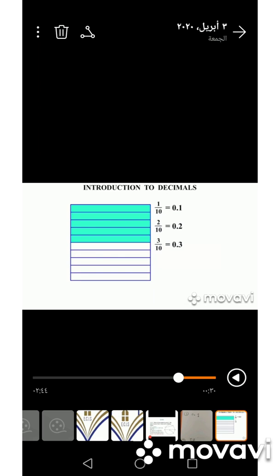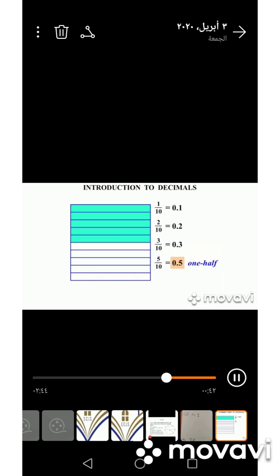If we shaded 5 parts out of 10 parts, then our fraction will be 5/10. And 5/10 as a decimal will be 0.5. Pay attention, 5/10 equals 1/2. So 5/10 is the same as 1/2.